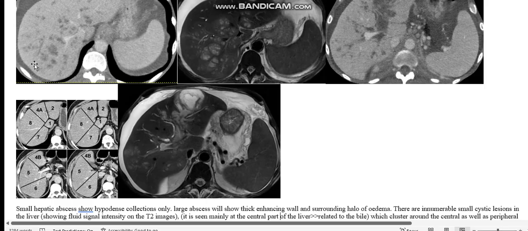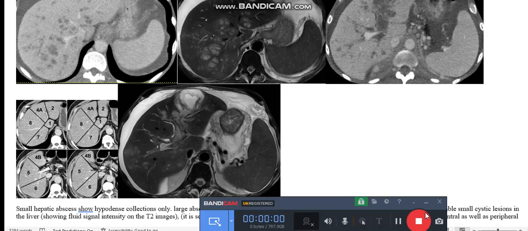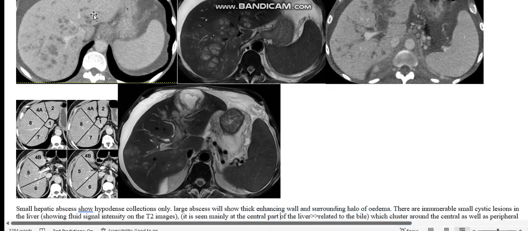However, some lesions are seen in the peripheral part, but involving the central part of the liver, denoting that these lesions are related to the biliary system.